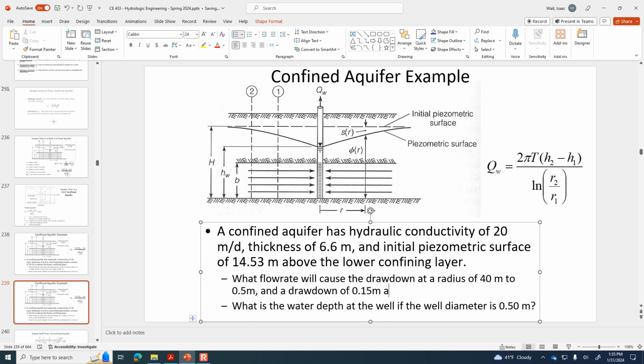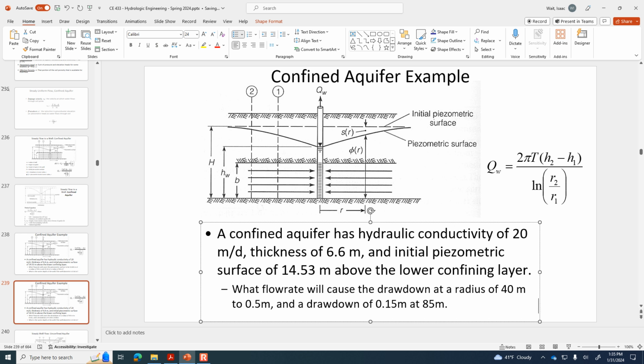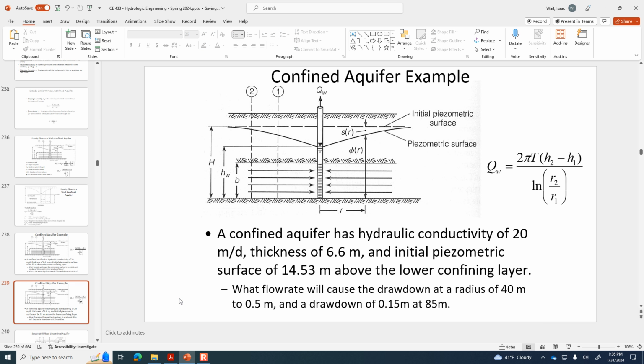So that's an example of what it would look like if I specified the problem in terms of drawdown instead of water height. The most popular mistake when I give a question like this is that people would put the drawdowns as H. And drawdown isn't H. Drawdown is this distance right here. So drawdown is from the height that the water normally goes to where the surface is.